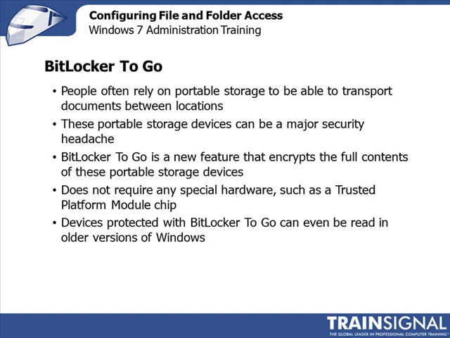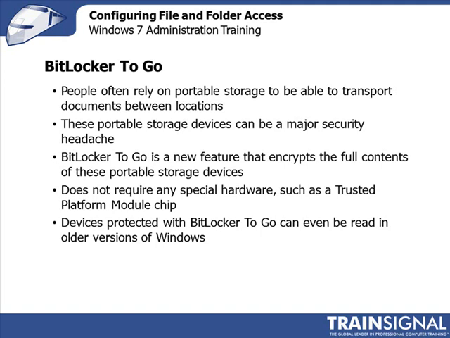It doesn't require any special hardware, whereas the full BitLocker drive encryption, with one exception, requires a Trusted Platform Module chip to be installed. BitLocker To Go does not require this specialized hardware. In fact, devices protected with BitLocker To Go can even be read in older versions of Windows.